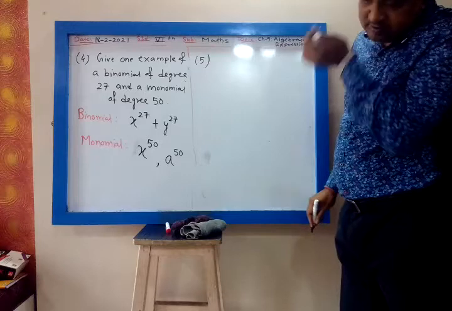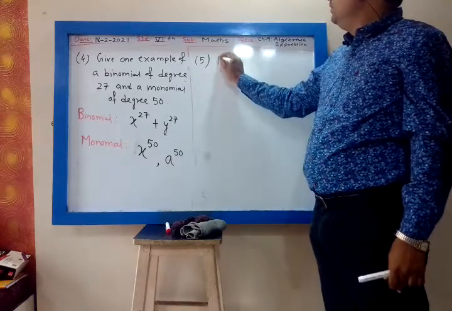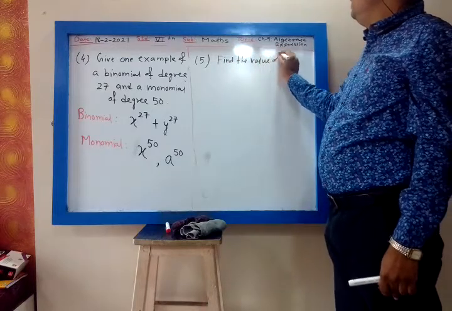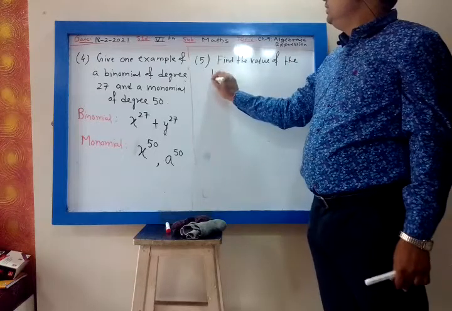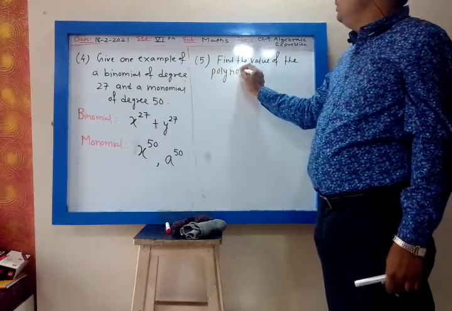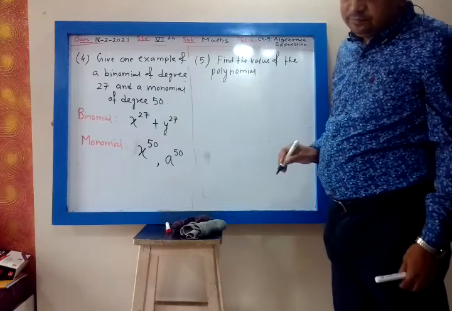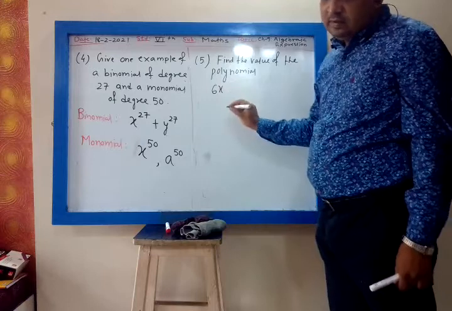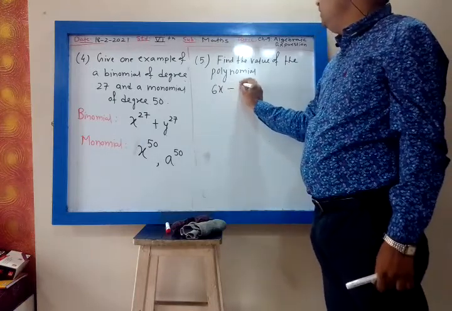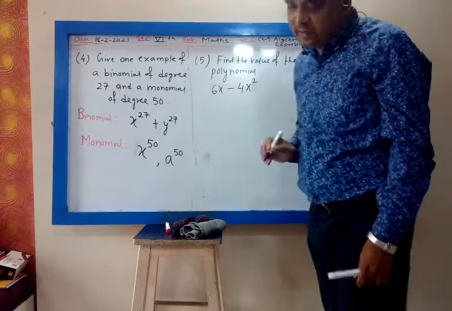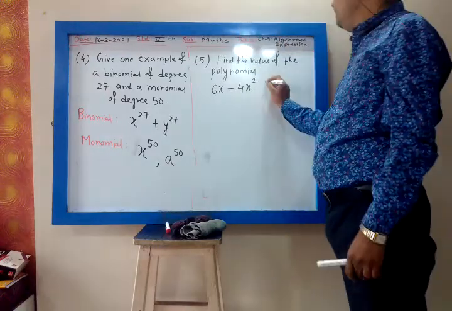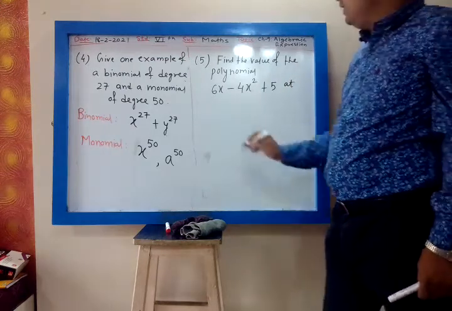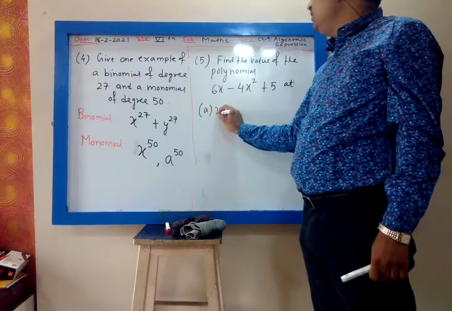Then fifth question, find the value of the polynomial 6x minus 4x square plus 5 at the given value x is equal to 0.